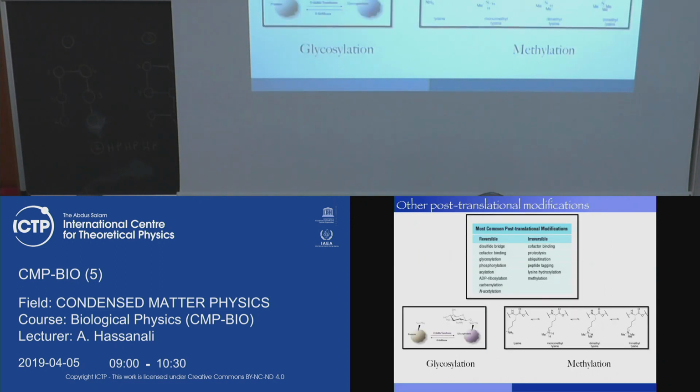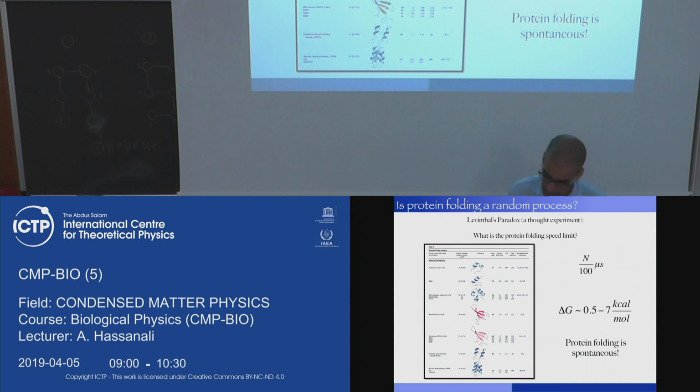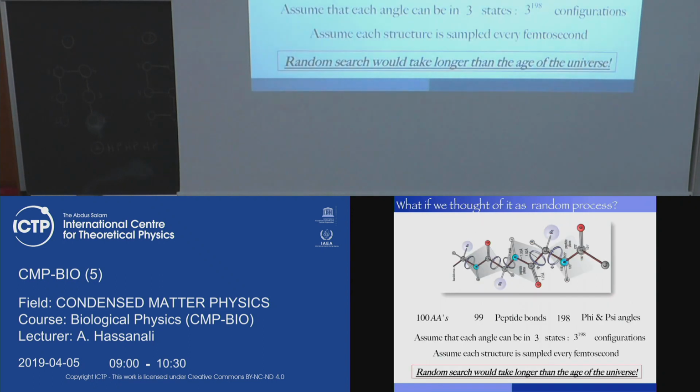Let me just go ahead to this point, since we're here, to make it clear. In 100 amino acids, I have 99 peptide bonds, 99 of those CONH, the building block dipole of the backbone.